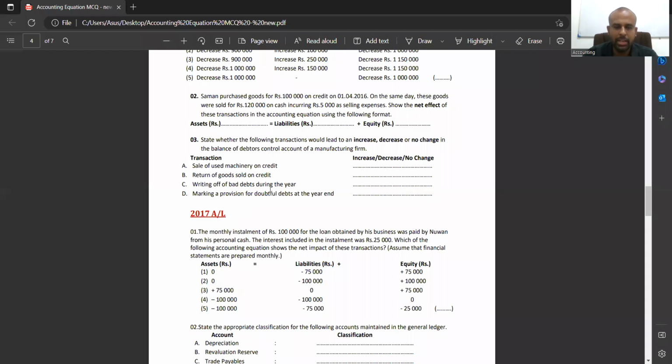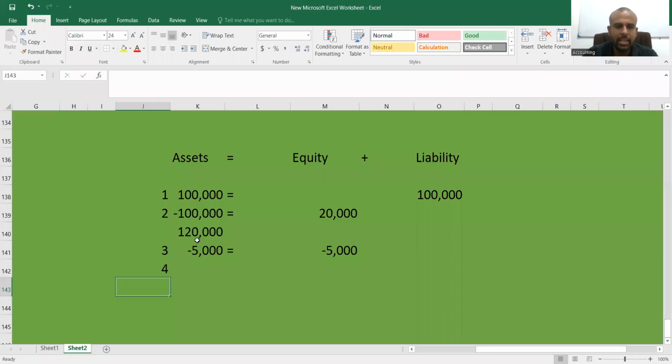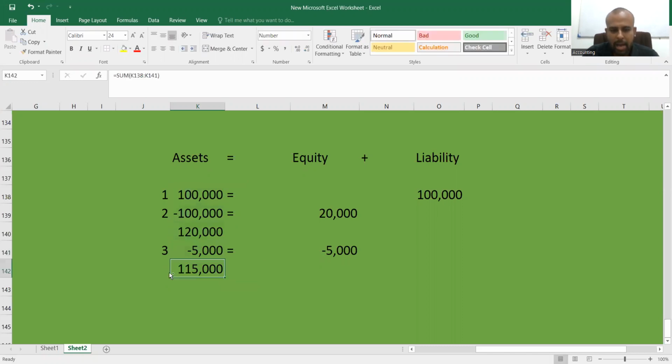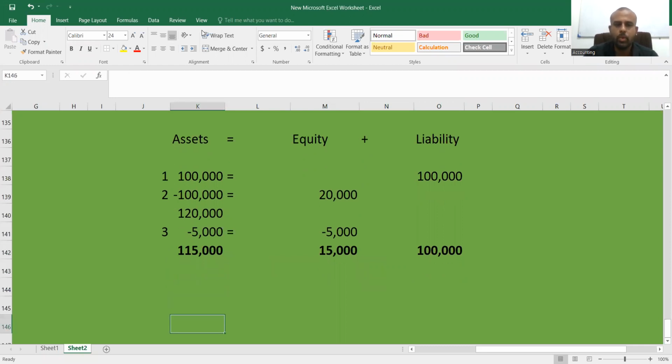That's all. They want you to identify the effect of these transactions on the basic accounting equation. Assets balance increases by 115,000, equity balance increased by 15,000, and liability balance increased by rupees 100,000. Right. Okay. Could you do it?